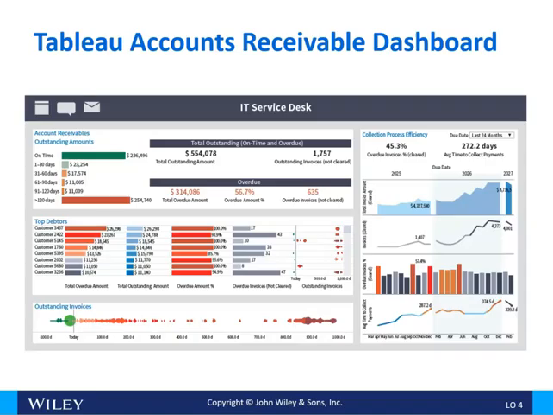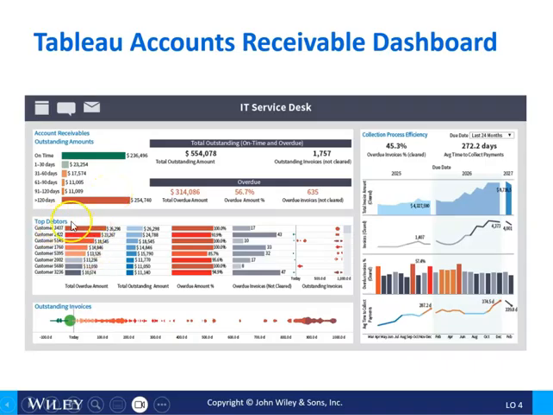Here's a potential example of an accounts receivable dashboard. We've got the aging over here, so that's probably being updated daily or in real time. So you can see, over 120 days is big. It's bigger than your on time, so you may want to go after that.